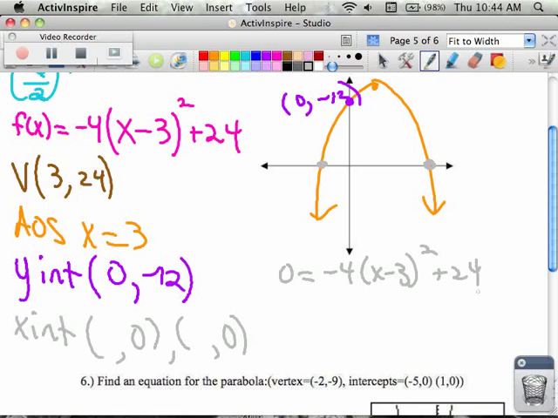Now, one way that you could do this is you could shove this into y1, this into y2, second trace 5, enter, enter, arrow, enter. We've done that in this class before. So if you're using your calculator, this is a great way to save some time.